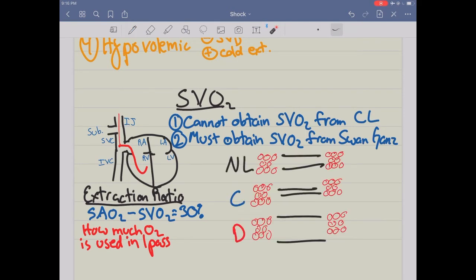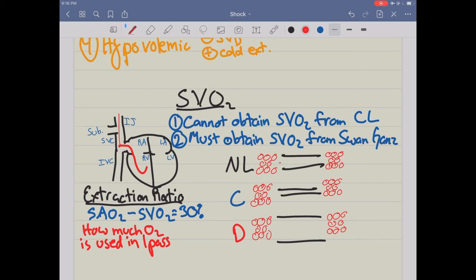Okay, now we have a little bit of a drawing here, and let me explain this for you. You have NL, which is normal, so this is regular baseline, you and me. C represents cardiogenic, and D represents distributive, cardiogenic shock and distributive shock, respectively. So what happens normally, you have our RBCs, which are these red little circles here.